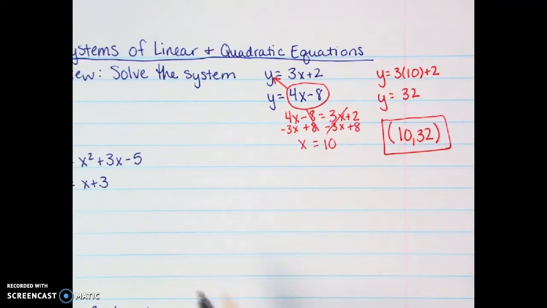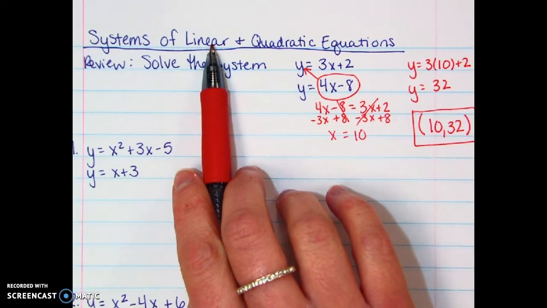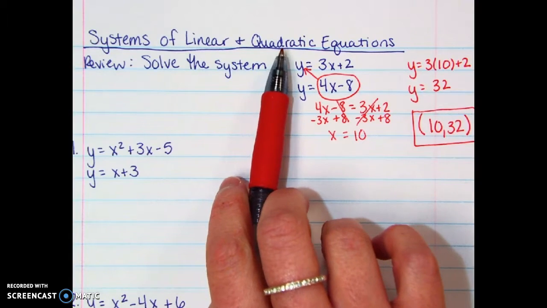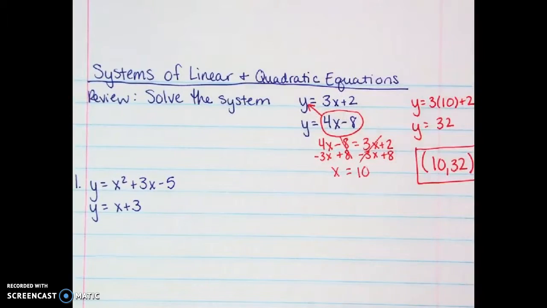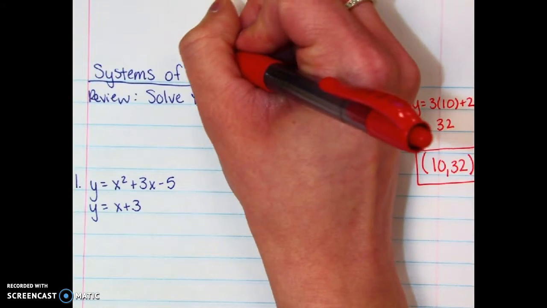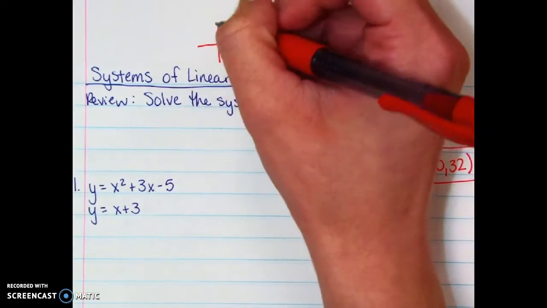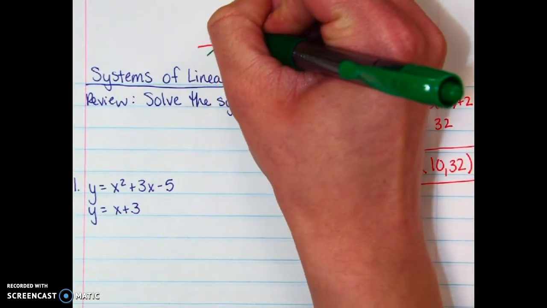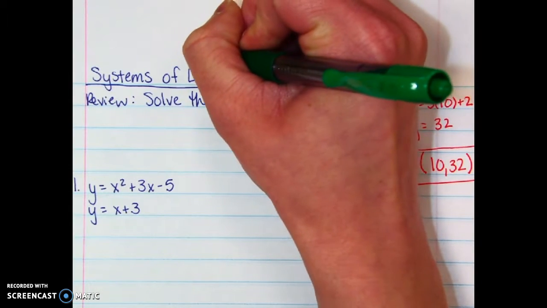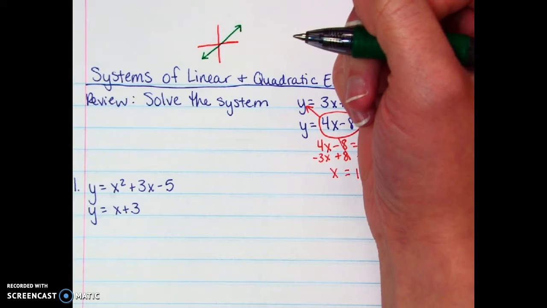Now we're moving on to the new stuff. The new stuff is where you have a linear and a quadratic equation graphed on the same graph. So if you were to graph this, the linear line would look like this. And the quadratic, hopefully you know or remember, is a parabola.